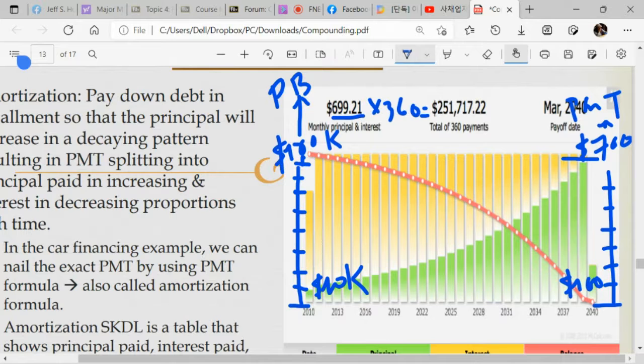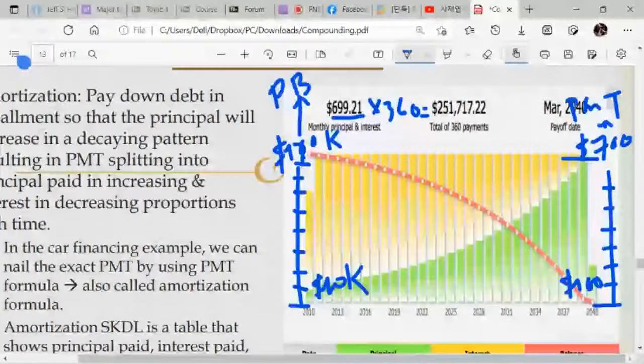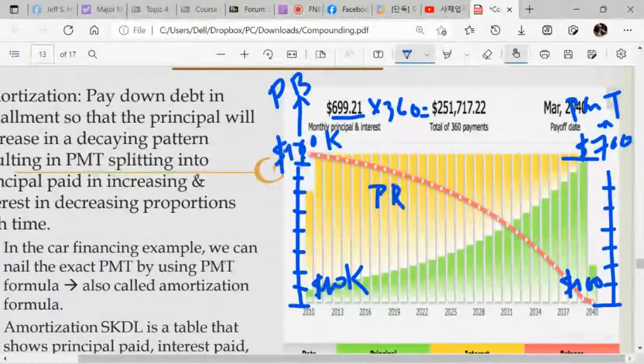And then in the vertical bar, the yellow portion is the principal paid. The green portion is the interest paid.